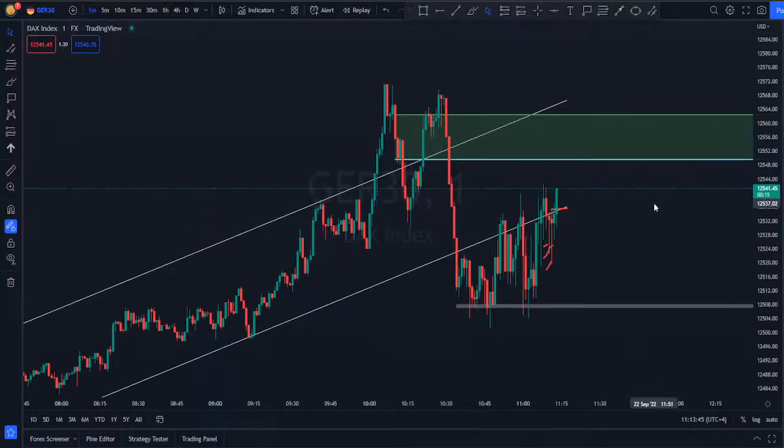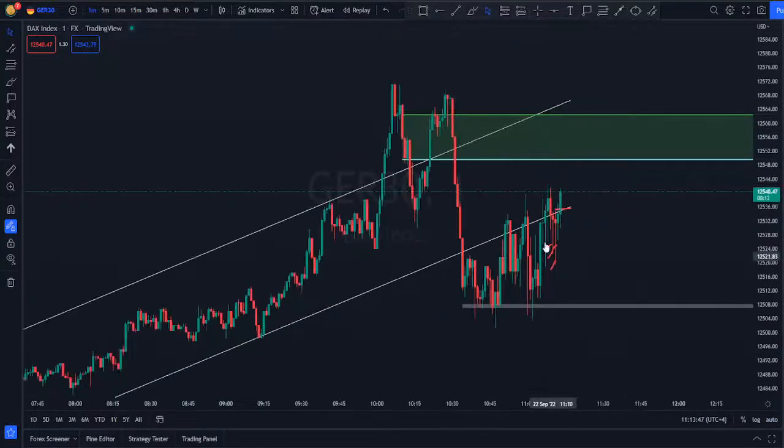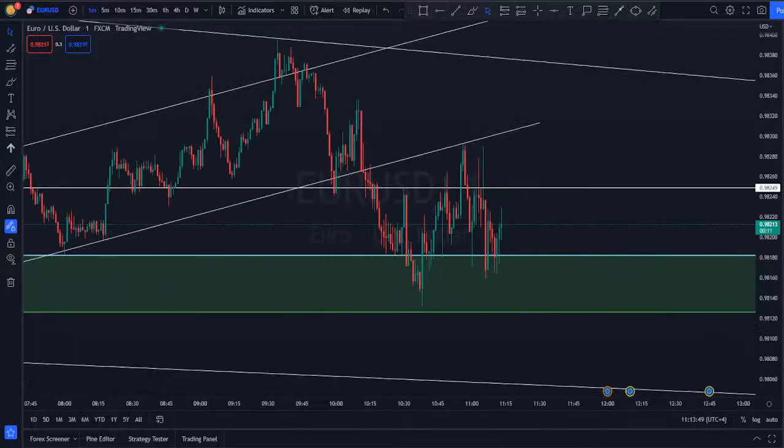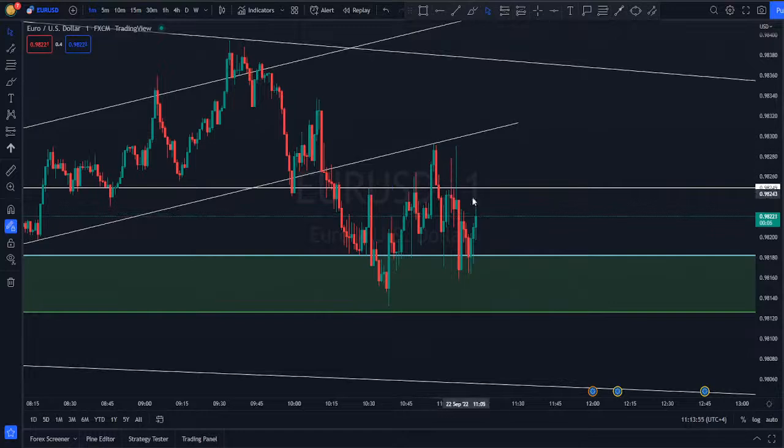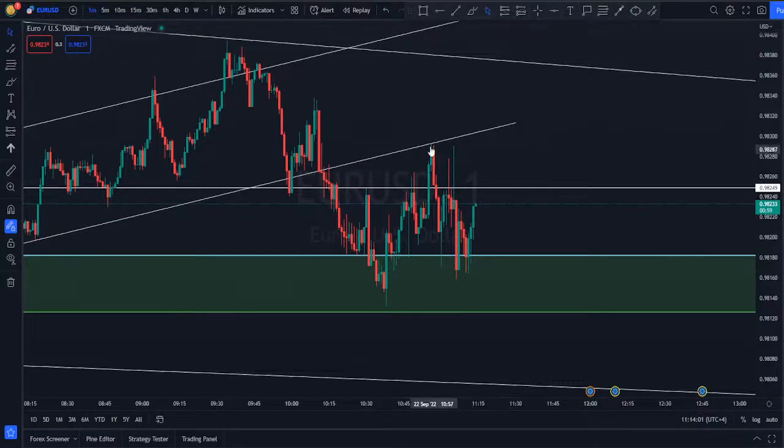What I should never do now is allow all these fake moves to take my profit from me. It's so annoying. Nothing is more annoying than it. So I've got these trades.